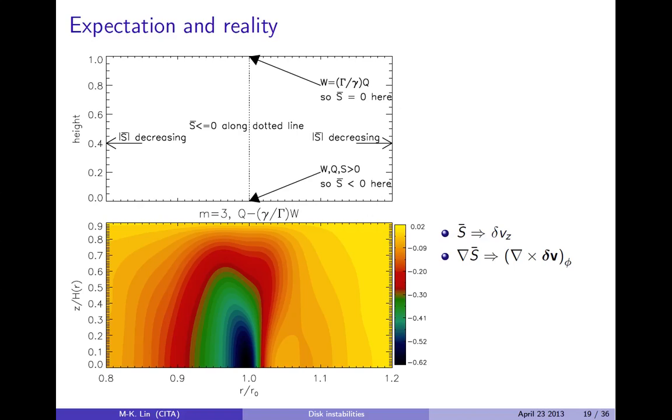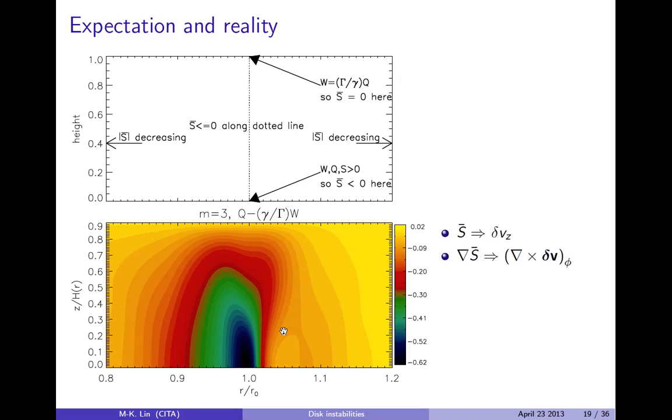I'm interested in this quantity S bar because it turns out S bar is a barometric source term for vertical motion, Vz. And if this quantity S bar is not uniform in the meridional plane, as shown here, then the gradient of S bar is a source for vorticity, particularly the azimuthal component of vorticity.